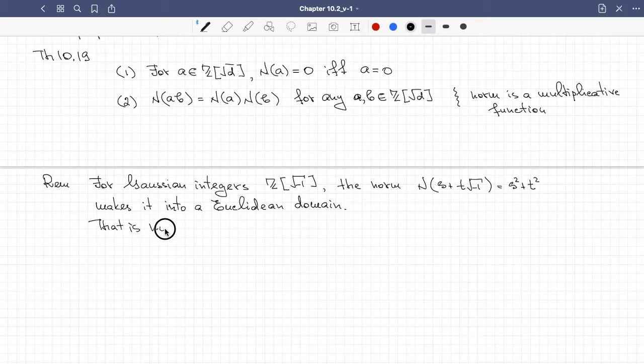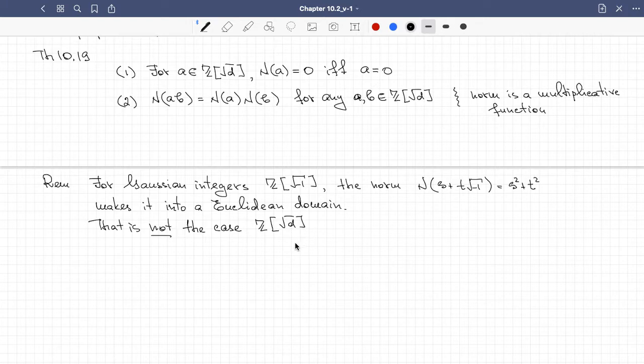That is not the case for arbitrary z root of t. So this is not only not a Euclidean domain, but frequently is not even a UFD.